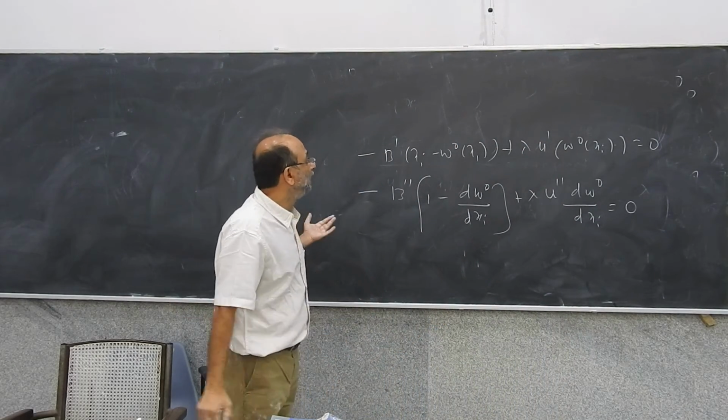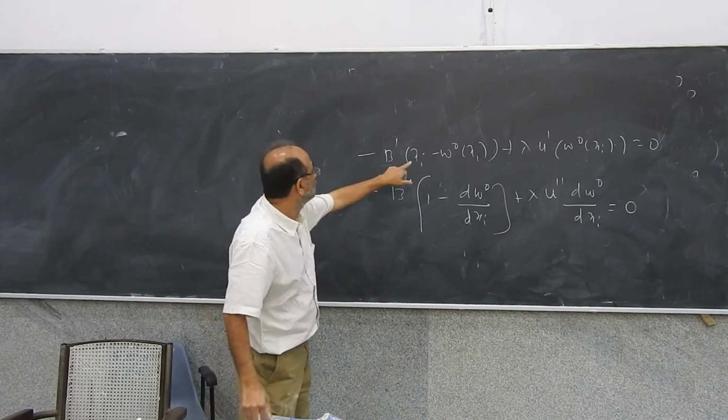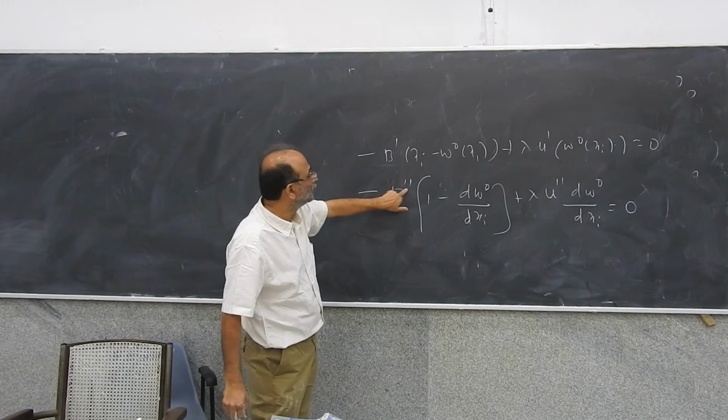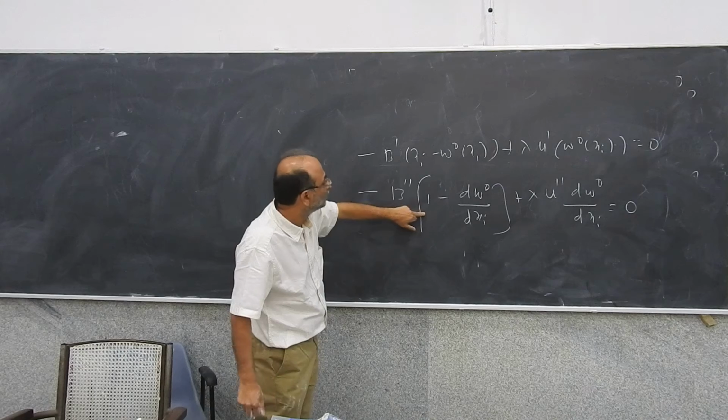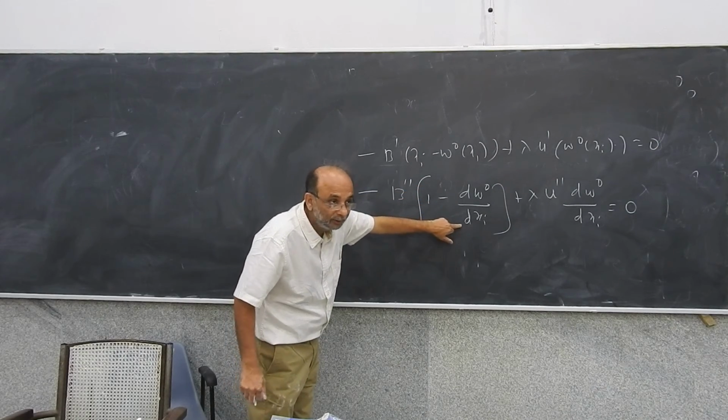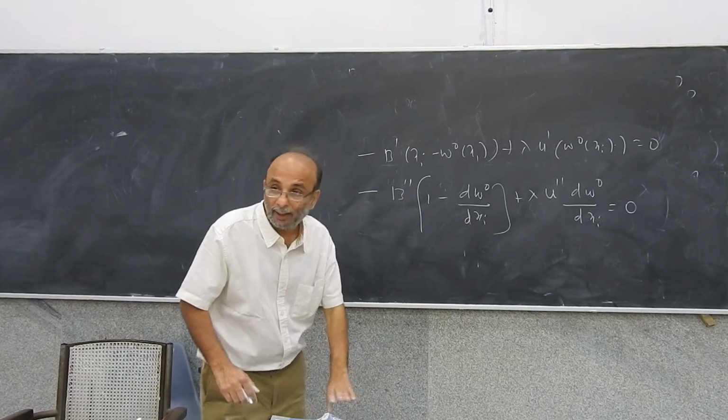I get the double derivatives again. Differentiating with respect to xi, this inside term becomes minus w double dash, so basically b double dash of xi, w0 of xi, plus lambda u double dash.